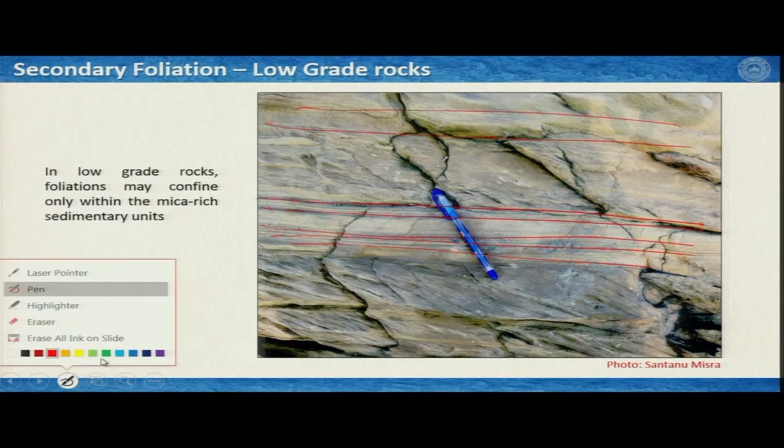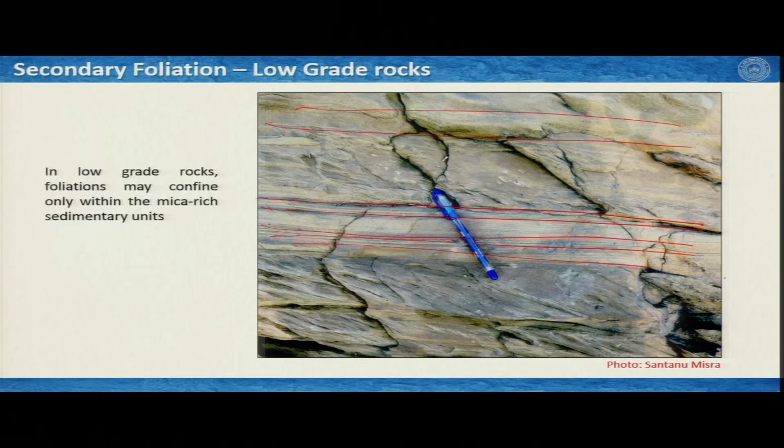The secondary foliations are present or confined in this band or in this layer, which are in this case something like that. As you can see here from the previous experience, these are defining your secondary foliation cutting across the entire layer here.